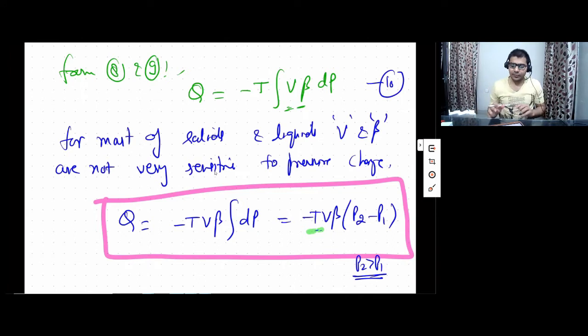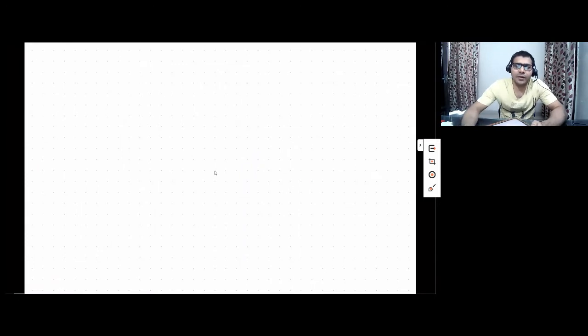So that's the important conclusion that we can draw from this equation, the second TdS equation. Let's do a small numerical problem based on that, and then we'll quickly go to the other application of the second TdS equation.